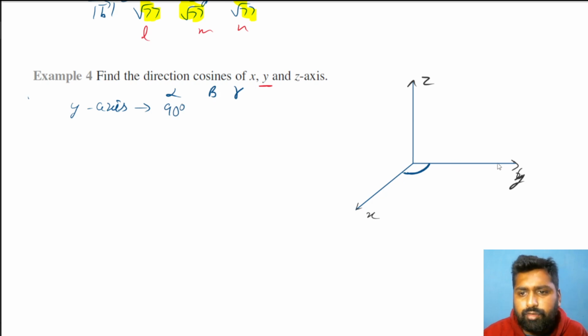What is the angle of this y-axis with itself? 0. And gamma is angle with z-axis. So what is the angle of y-axis with z-axis? Again 90.